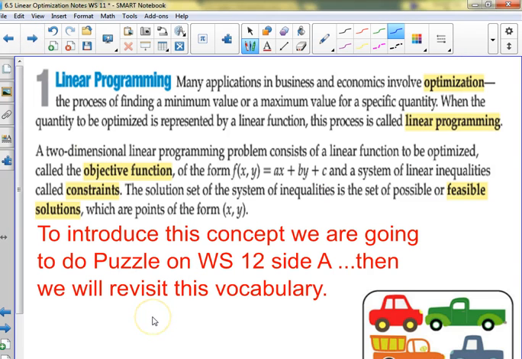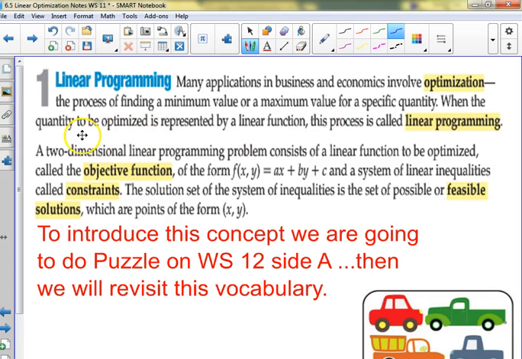What we are doing today is linear programming. Many applications in business and economics involve optimization, finding a minimum cost or a maximum profit or minimum time to make something, or finding constraints in which we can get the maximum productivity, etc. So maxes and mins.